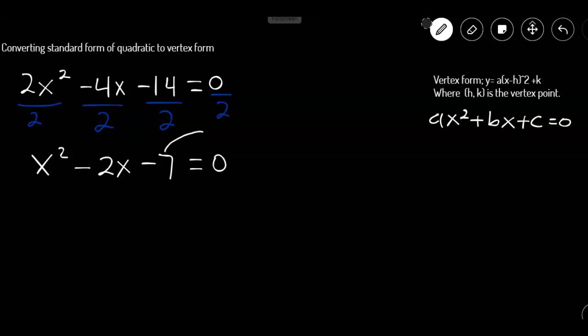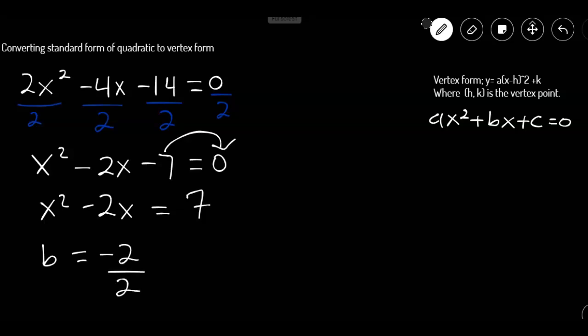Now we need to take our constant to the right hand side. Now we need our b, which is negative 2. We divide it by 2 and we get negative 1.